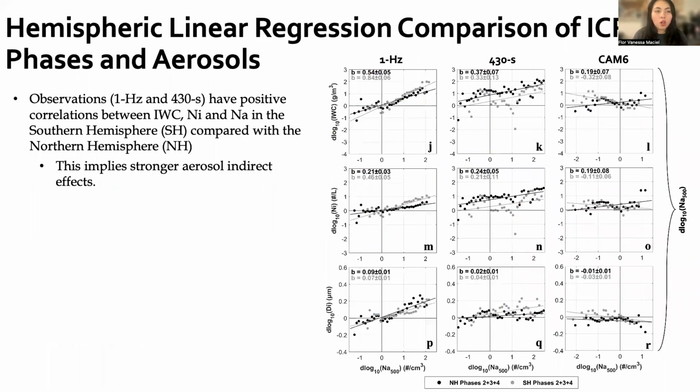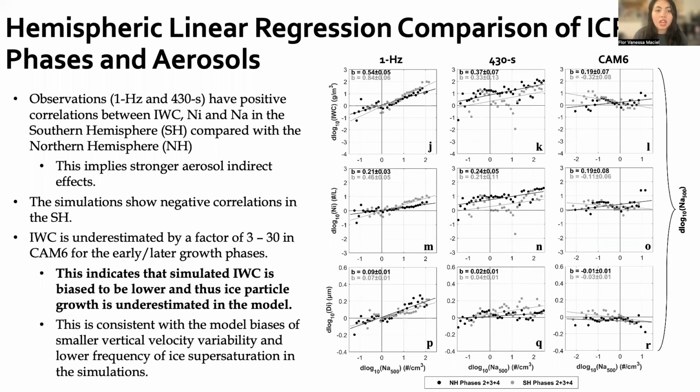So let's go over the hemispheric differences in these linear regression comparisons of ICR phases and aerosols. So here we have the observations showing positive correlations between IWC, NI, and NA in the southern hemisphere compared with the northern hemisphere. And this implies a stronger aerosol indirect effect in this region. These simulations actually show negative correlations in the southern hemisphere.